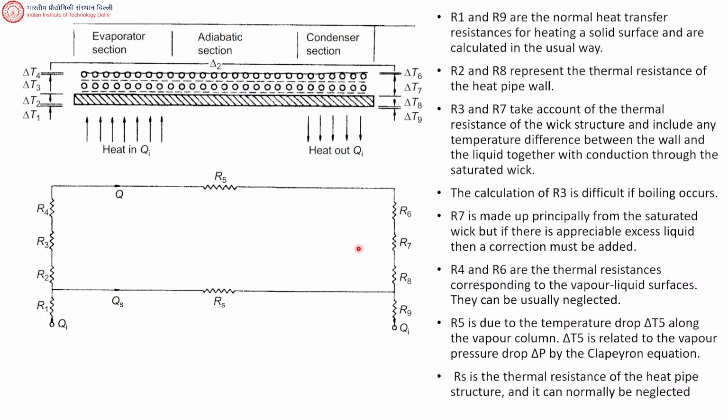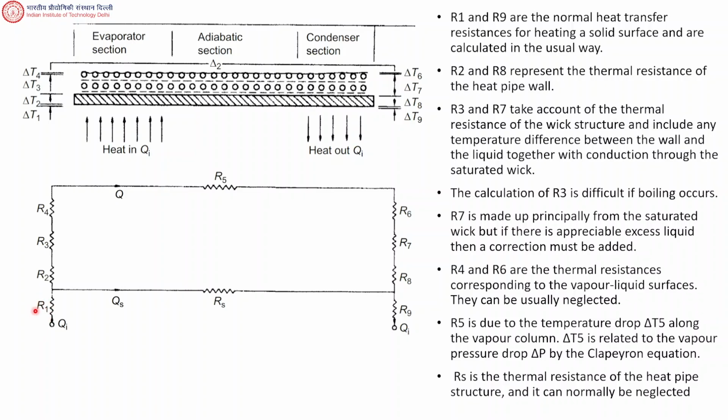So this is a figure in which you can see various thermal resistances that you get. So for example, if this is the heat source and this part is the heat pipe wick evaporator section, then between the outside environment and the wall of the heat pipe, there is an outside resistance of R1.